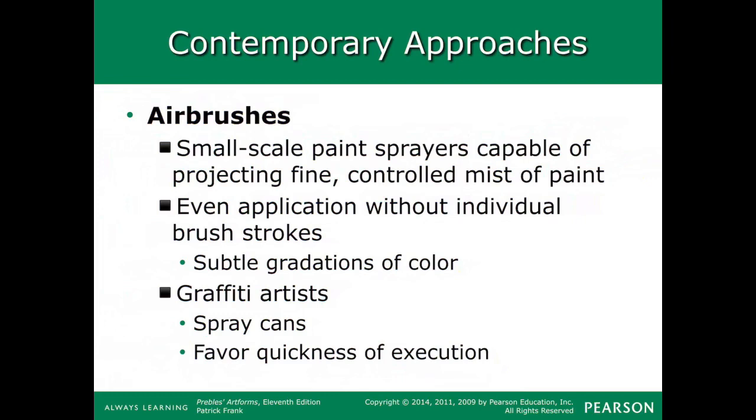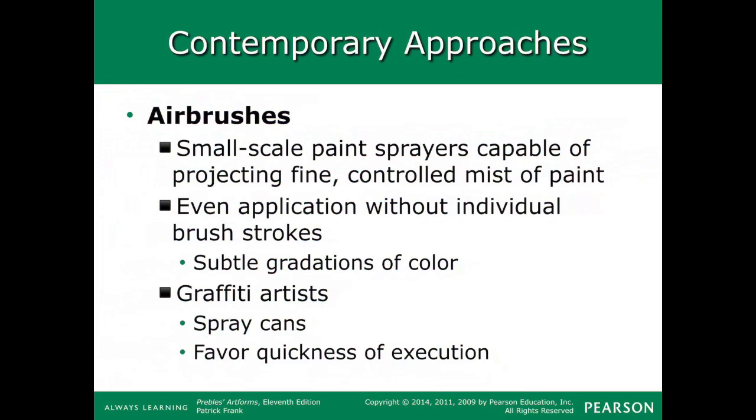And now we're going to talk about some contemporary approaches to painting. In other words, some of the more recent ways. Airbrush. Airbrushes are small-scale paint sprayers capable of projecting fine, controlled mists of paint.